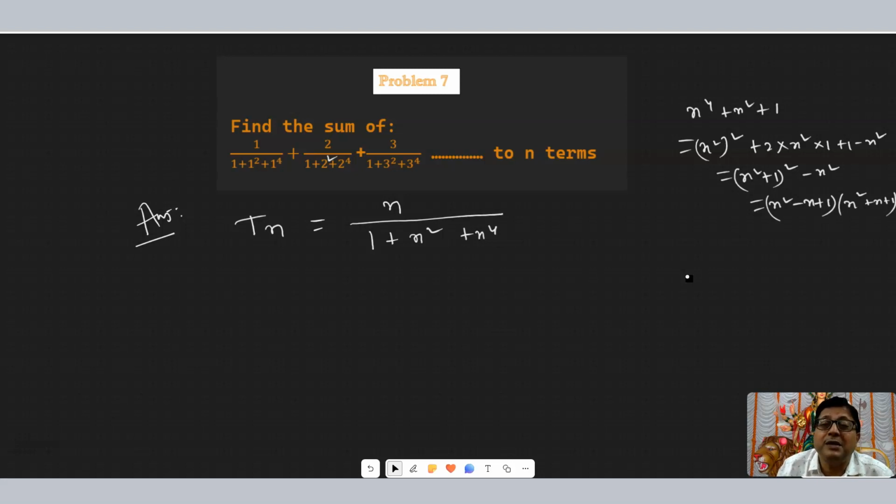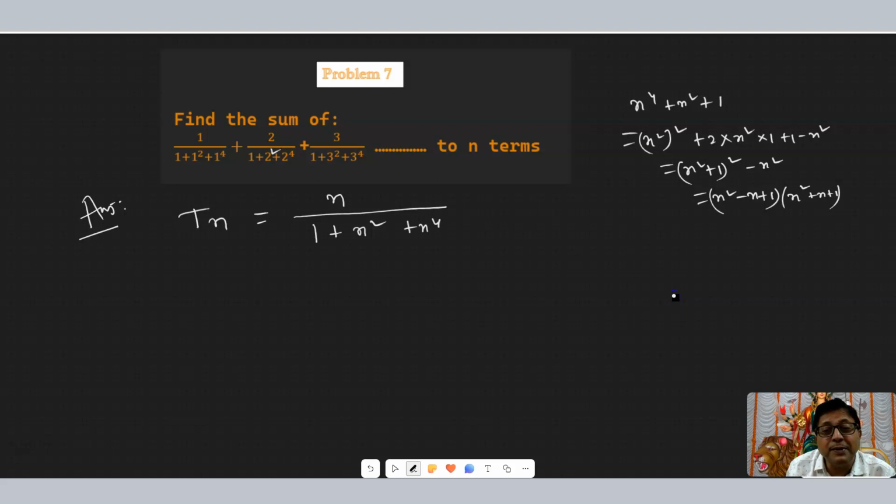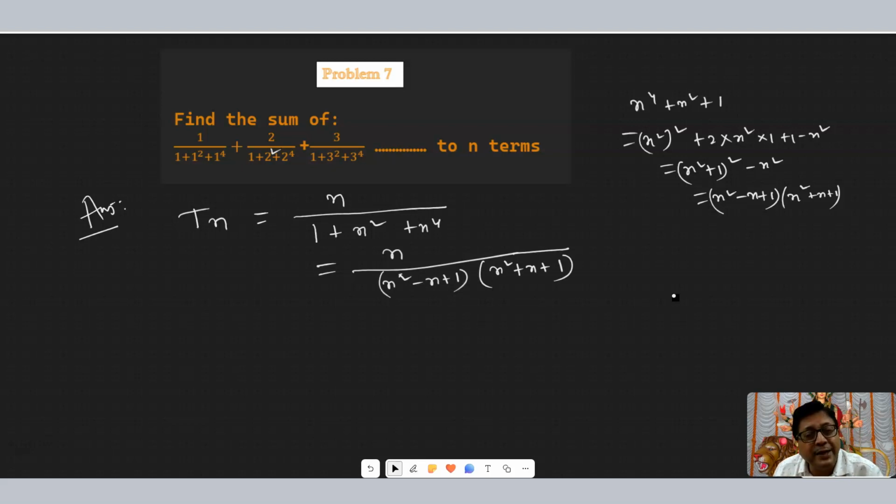But you have to understand, we must have the courage to start. The nth term I have written, then we are getting the secret of a complicated nth term. Why am I so confident?